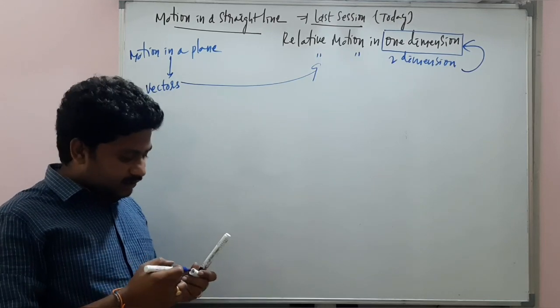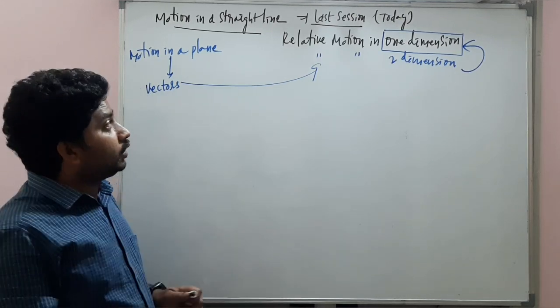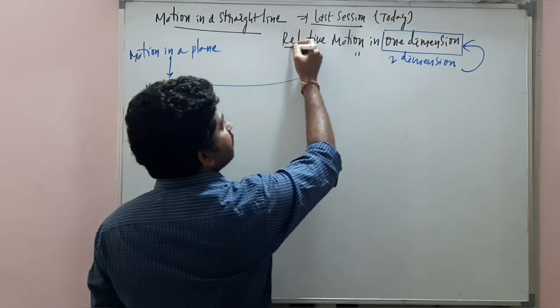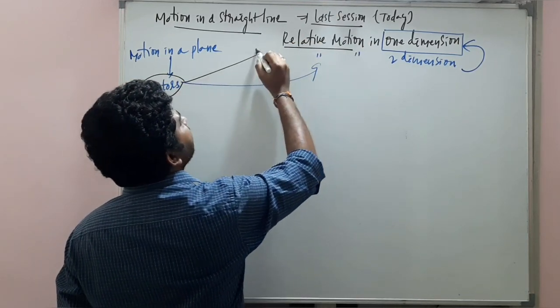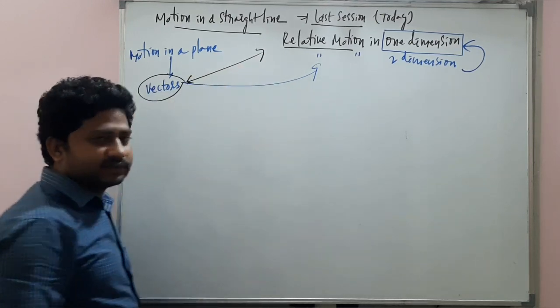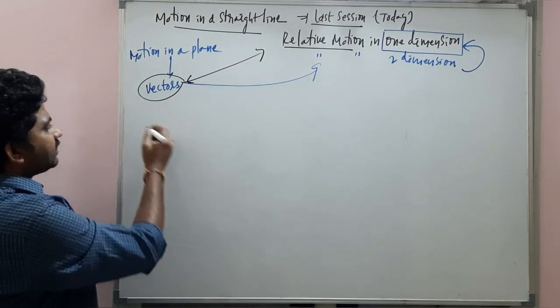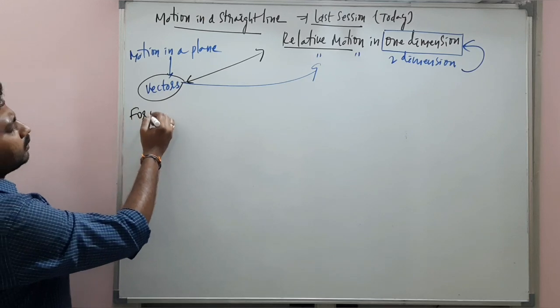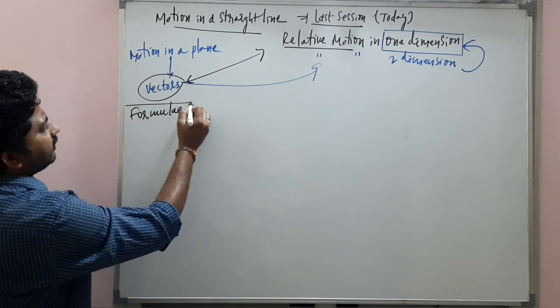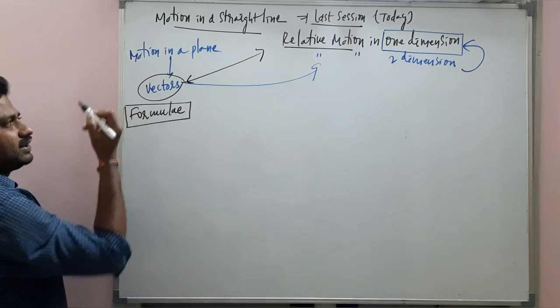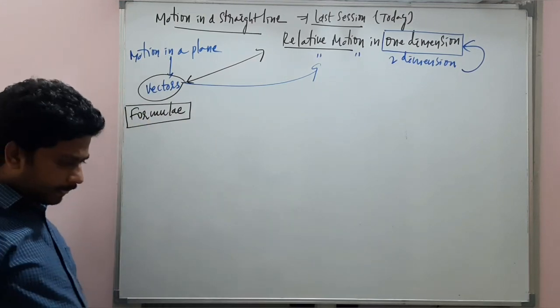But in today's session, to understand this relative motion concept, you need the topic called vectors. As we have not done vectors, we are just learning the formulae related to relative motion in one dimension. It's a simple formula.